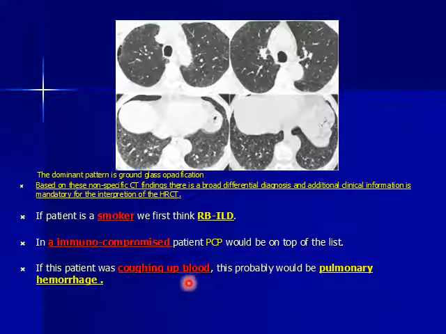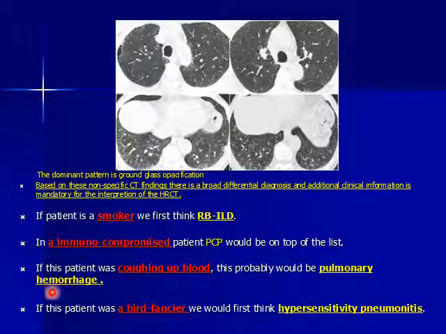If the patient is coughing blood, this ground glass could represent pulmonary hemorrhage. If the patient is a bird breeder, we can think of hypersensitivity pneumonitis. So clinical data are very important to reach a diagnosis and to narrow the differential diagnosis of these similarities in high resolution CT.